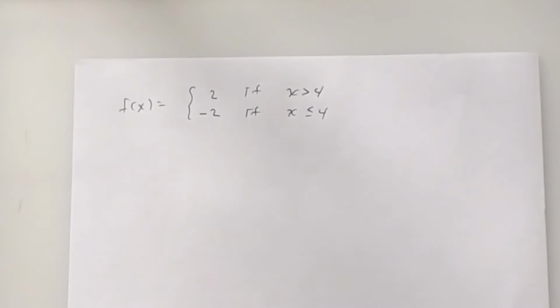So y equals 2 if my x's are greater than 4, and y equals negative 2 if my x values are what? Less than or equal to 4.